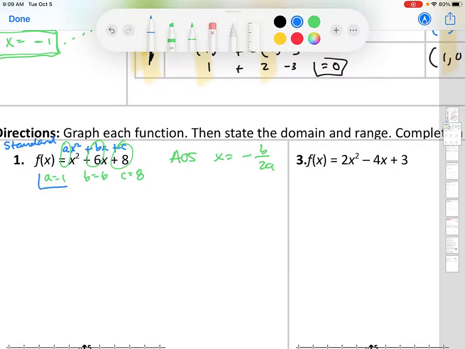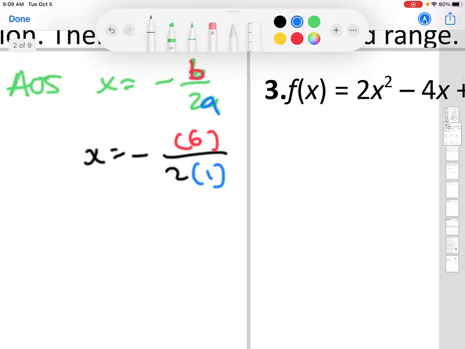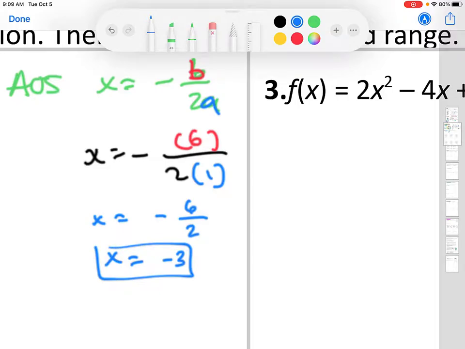I'm going to do my substitutions here. So a is equal to 1. My b value is positive 6. So then this is going to give me 2 times 1 is 2, so I got negative 6 divided by 2, and then you get negative 3.